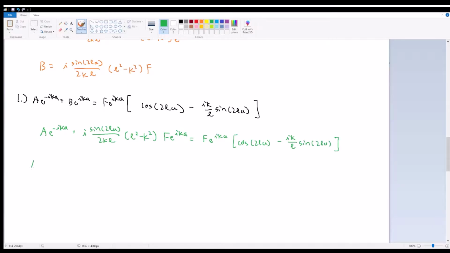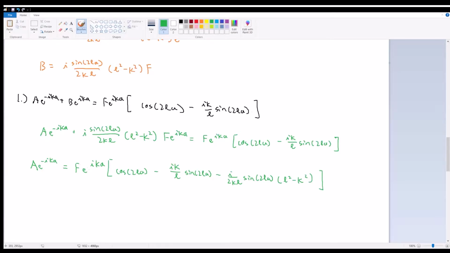Move stuff around, we get a e to the negative ika is equal to f e to the ika multiplied by cosine 2la minus ik over l sine 2la minus i over 2kl sine 2la times l squared minus k squared.